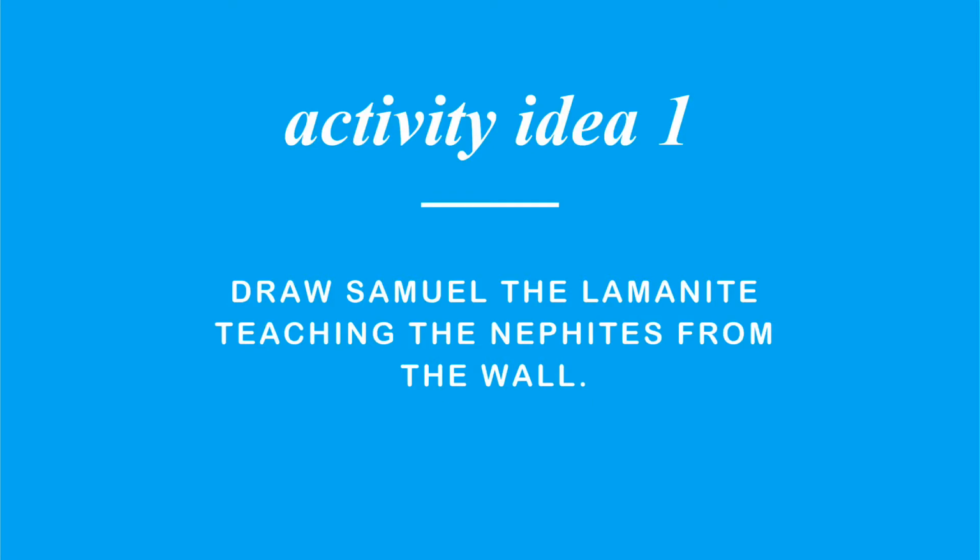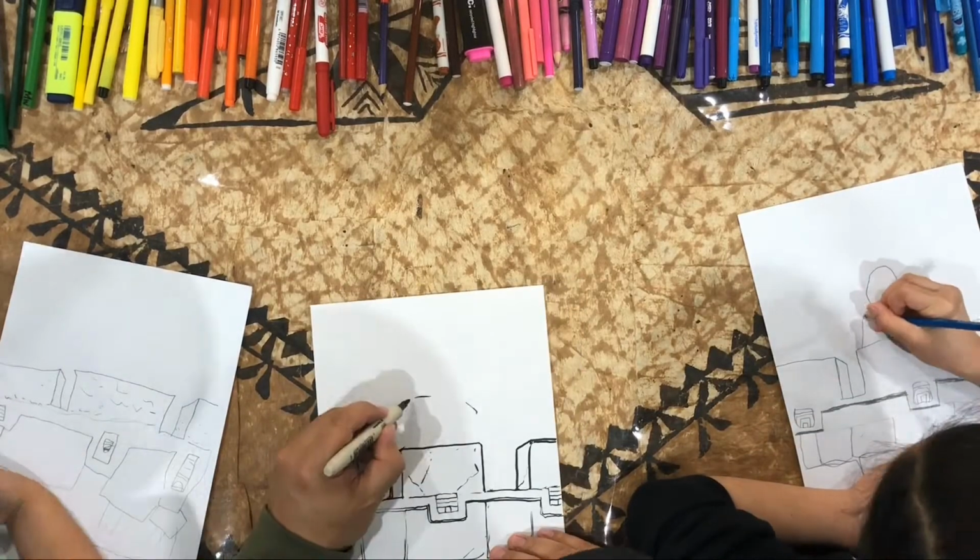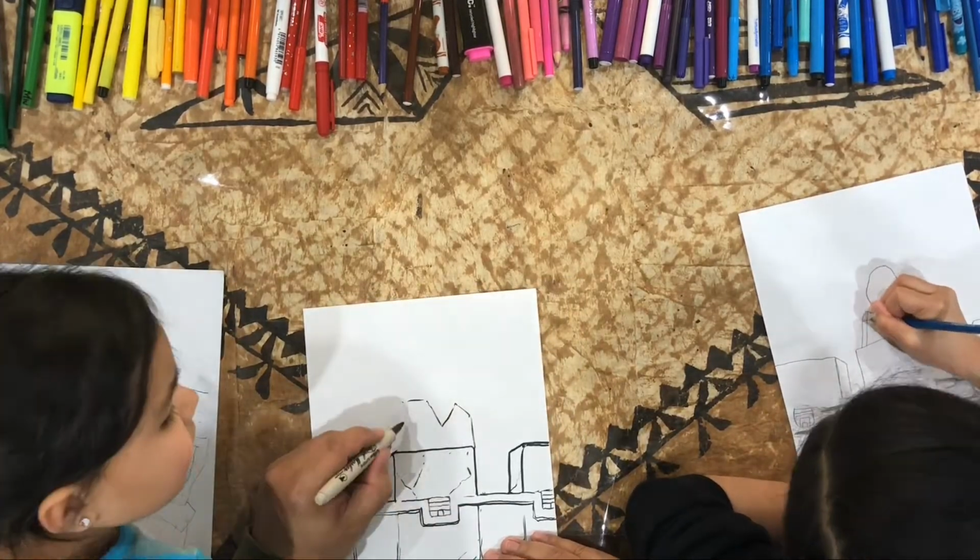Activity idea 1. Draw Samuel the Lamanite teaching the Nephites from the wall. You can draw Samuel the Lamanite however you like.